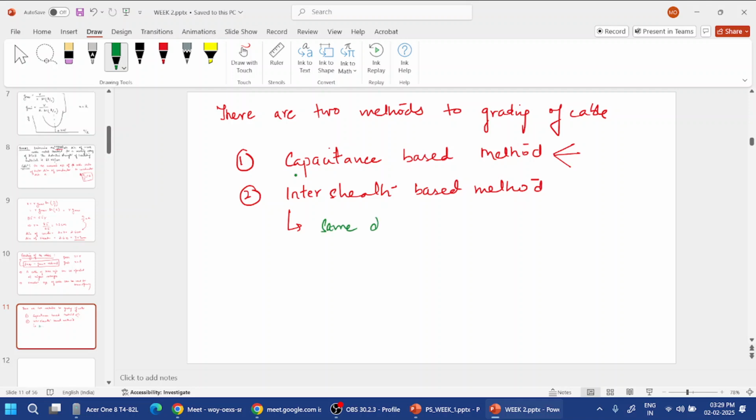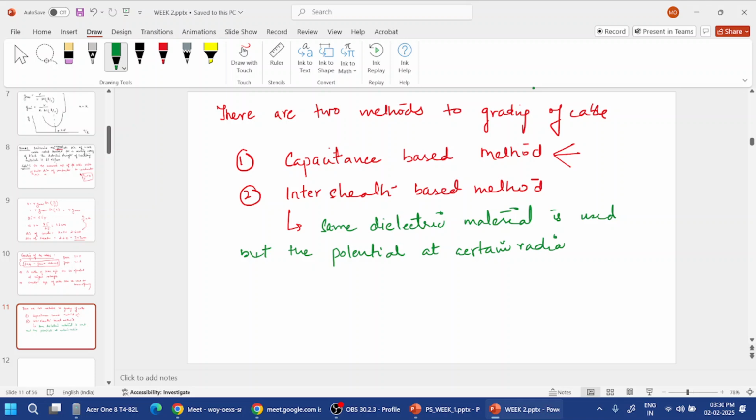The same dielectric material is used, but the potential at certain radii is maintained by interposing metal sheets, which are thin.